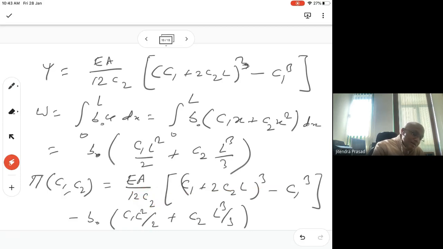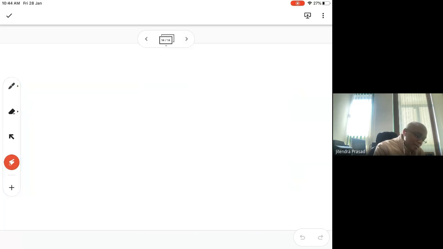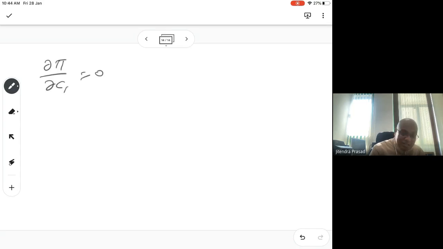So then that becomes easy basically. So you can write now the partial derivative del pi over del c1 is equal to 0. So you write the equation, and then you will have del pi over del c2 equal to 0. So another equation. There are two equations, two variables, c1 and c2. You solve for c1 and c2. Based on that, you can find out C1 equal to what, C2 equal to what, and then you have the solution.